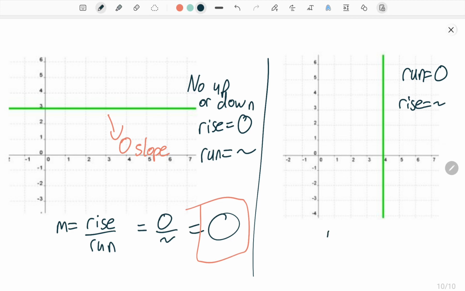And the reason why it doesn't matter is when we go to our rise over run, that's just going to be some number divided by 0. And well, can you divide any number by 0? No. So that would actually be undefined. And I'm just going to write that down below. So undefined.